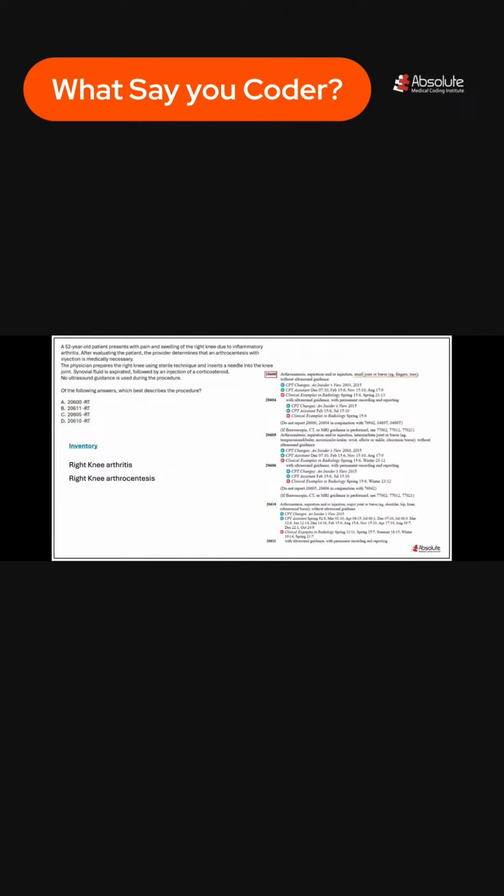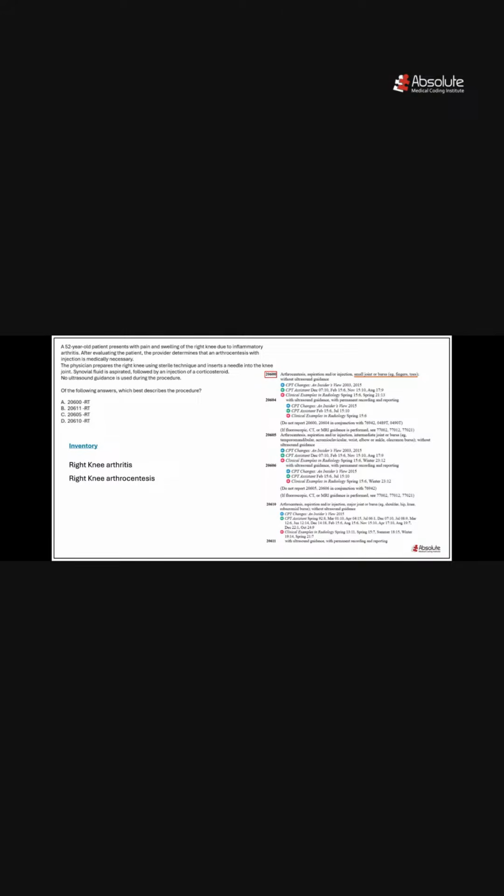Okay, so we have a patient with right knee arthritis, and right knee arthrocentesis is the procedure performed. Now we have all of our four options here. All four are for arthrocentesis procedures. All we have to do is find the correct CPT code and the correct location.